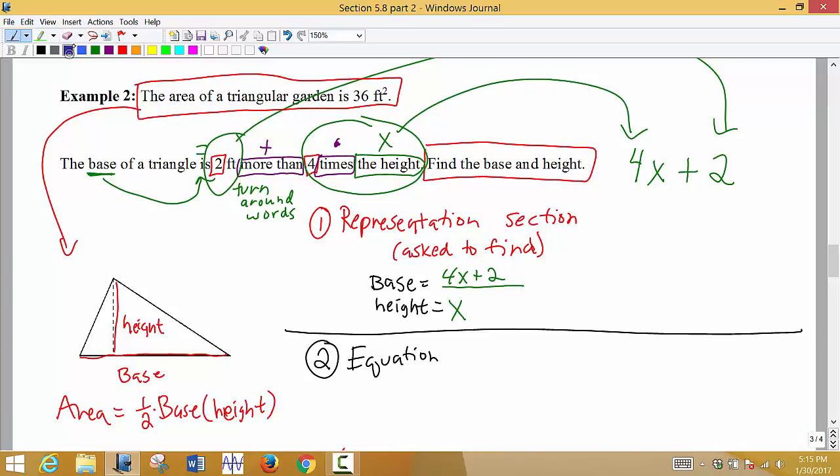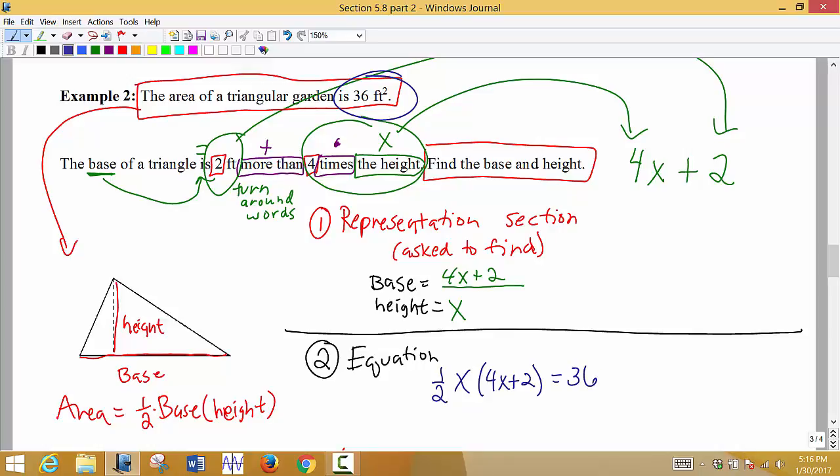So our equation will be the formula for the area of a triangle. We take the height and multiply times the base, and I'm going to multiply that expression by 1/2, and this will be equal to the area, which we're told is 36.